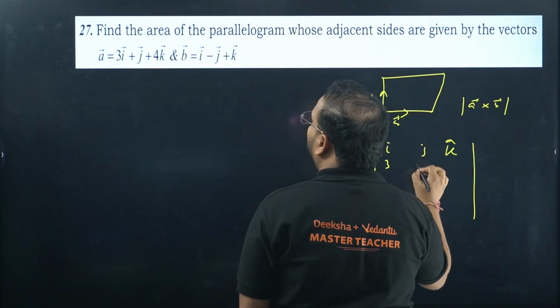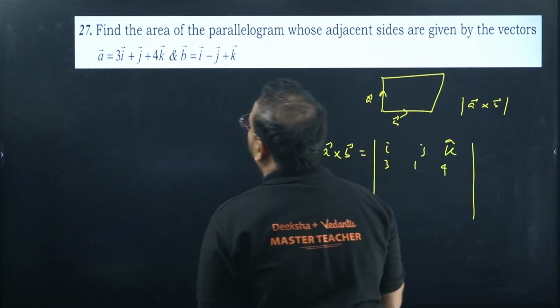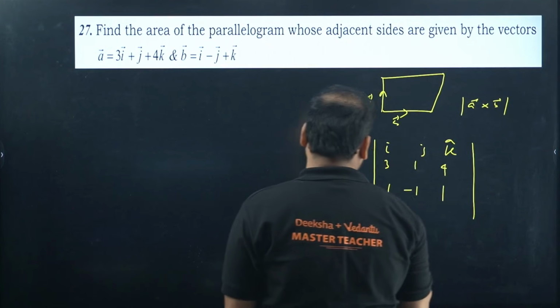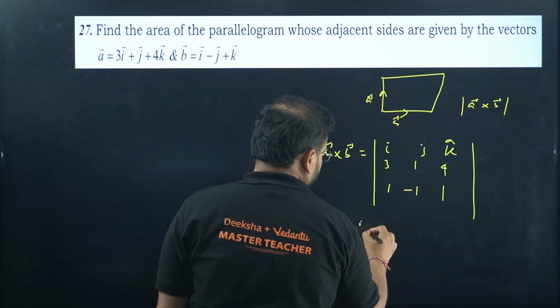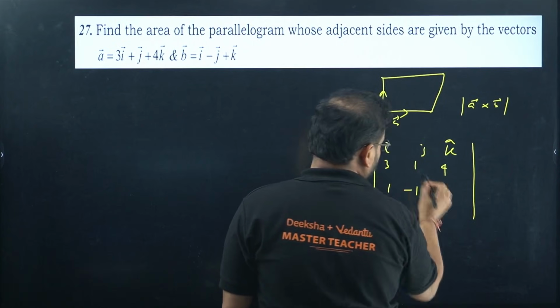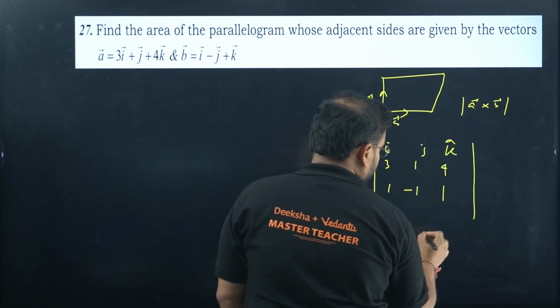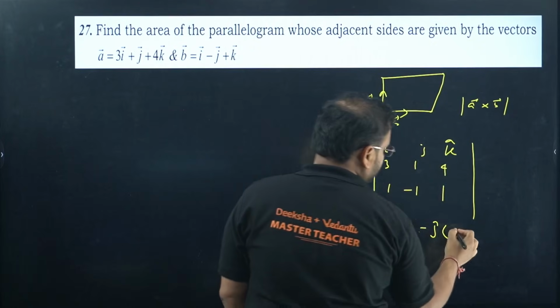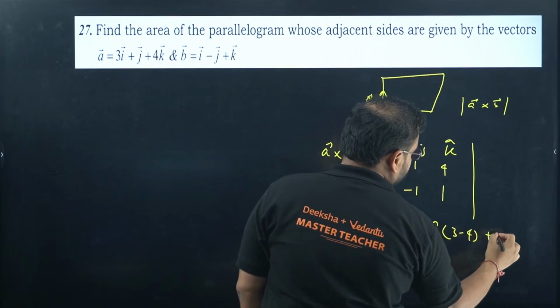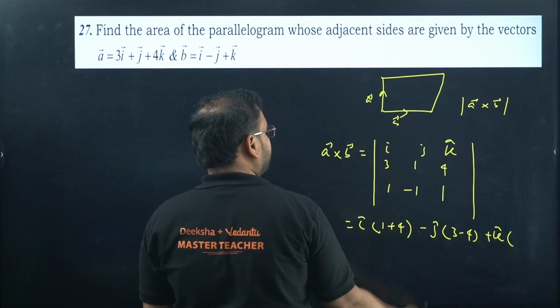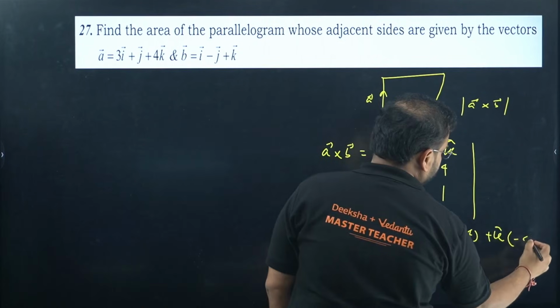3, 1, 4, 1, -1 and 1. Okay, with i cap I'm getting 1 plus 4, so 1 here plus 4 here. With minus j cap I'm getting what? Check here, 3 minus 4, and with plus k cap what I'm getting? Determinant value -3 and -1, that's -4, am I right?